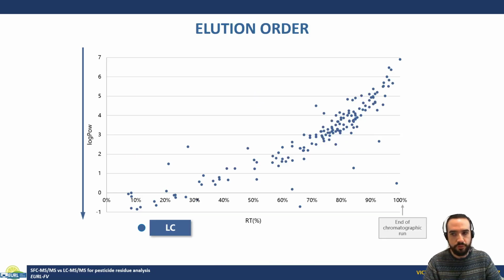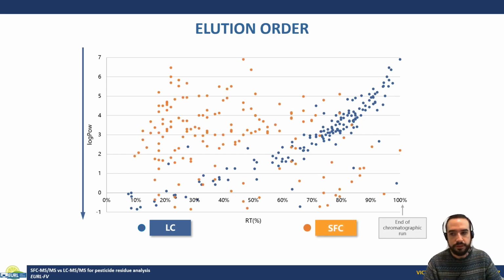This is one of my favorite slides because it explains how the chemical properties of the mobile phase in SFC can make it so unpredictable. Regarding retention times, we can observe that when we analyze pesticides using reverse phase LC, compounds elute in decreasing order of polarity.